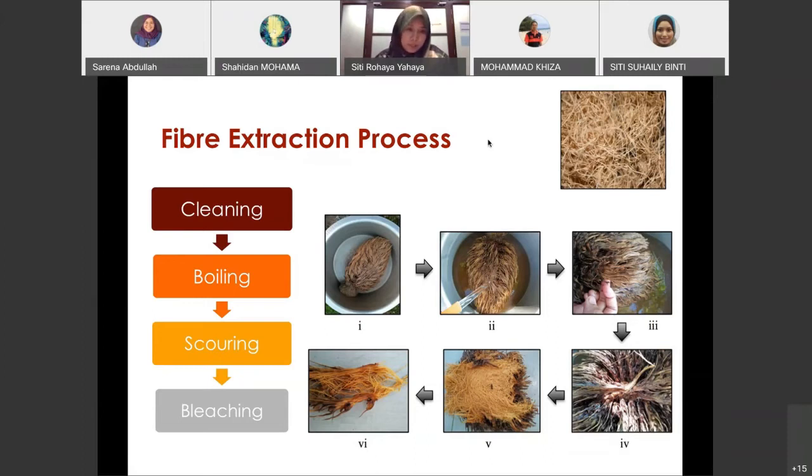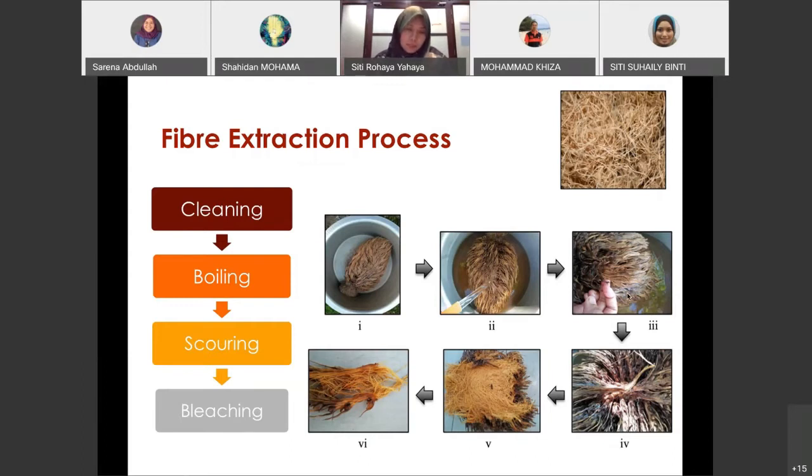Okay. The scouring process, and after that boiling. Boiling is where we have to boil the EFB, see in the first picture here. Okay. We need to boil until the oil, the greens and the impurities are removed from the EFB.